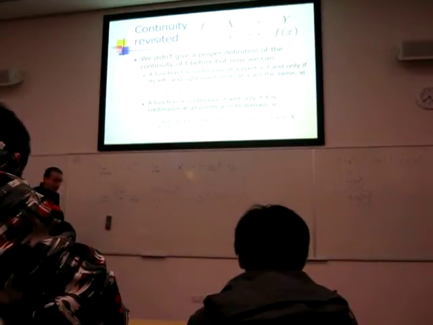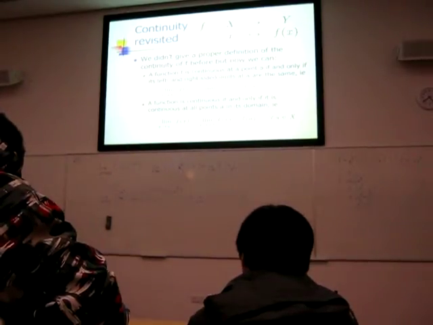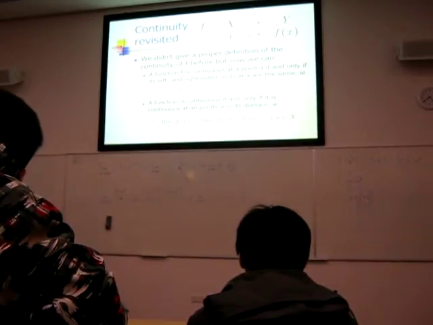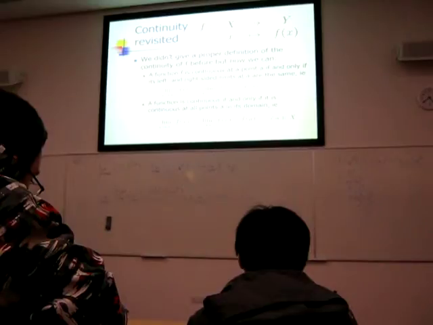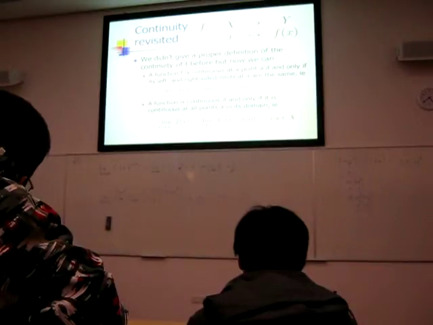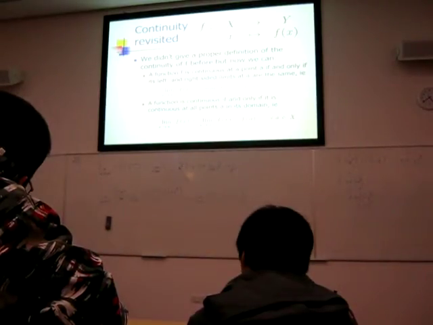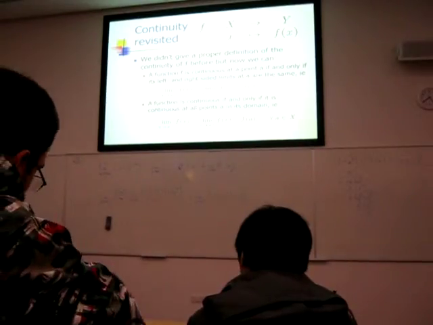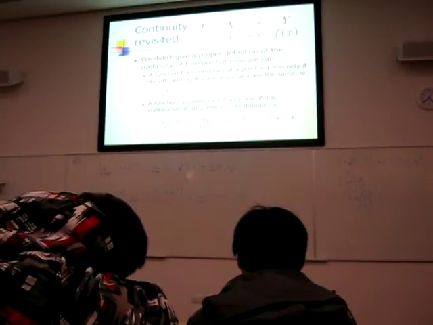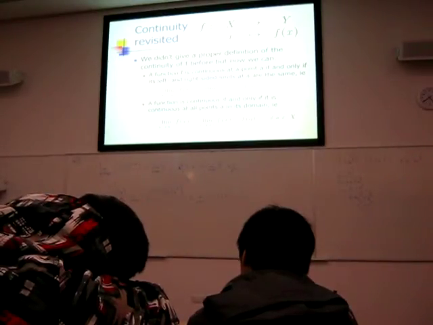So, in a continuous function, we can pick any point and the left and right-hand side limit is going to be the same. This is a discontinuous function, and there's a point at 0 where that is not the case. Everywhere else, if you put any other point, it would still be true, but at that point here, our function has a discontinuity, because the left-hand side limit is up here, the right side limit is down here.